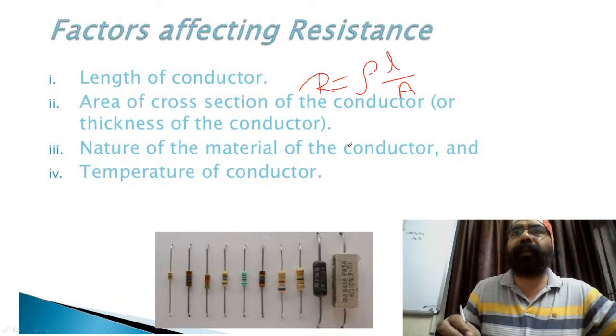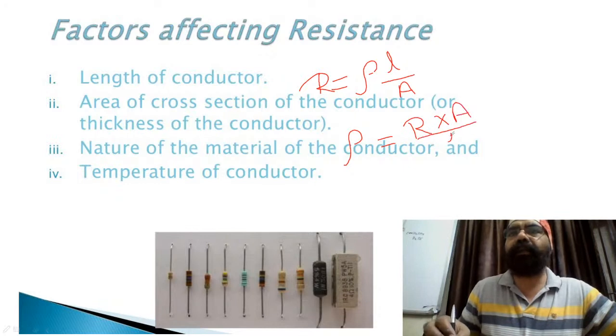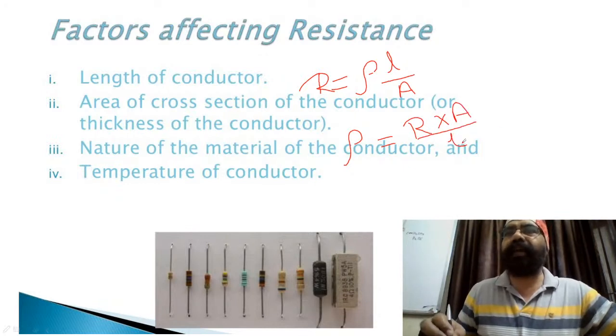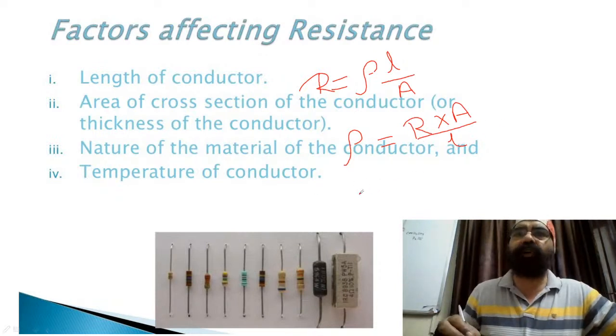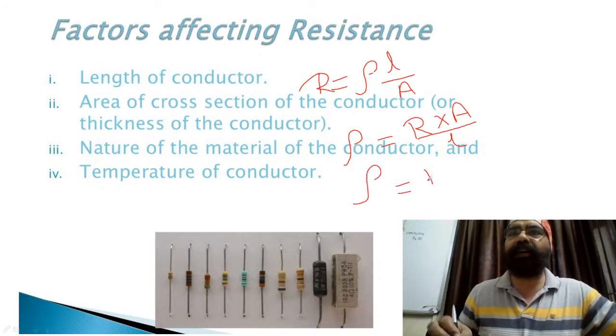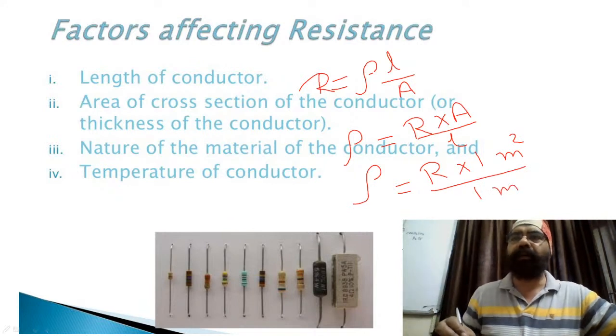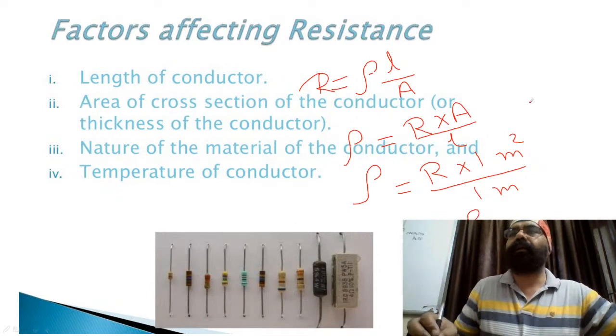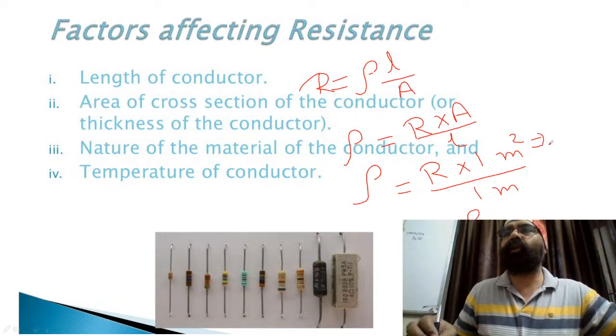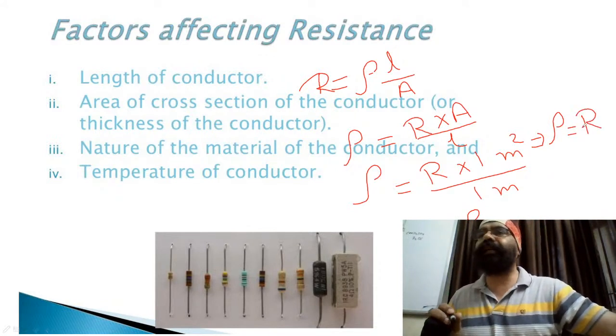If I cross multiply, then it becomes rho is equal to R into A by L. And if I say that the area of cross section is 1 meter square and the length is 1 meter, then my rho becomes equal to R. In this case rho is equal to R. So what is resistivity?